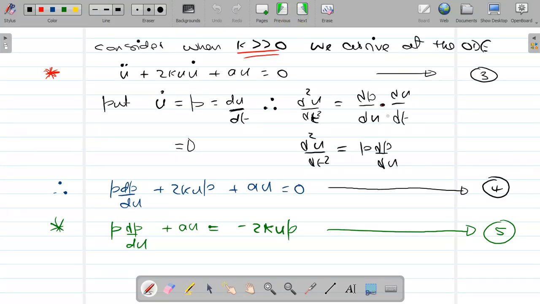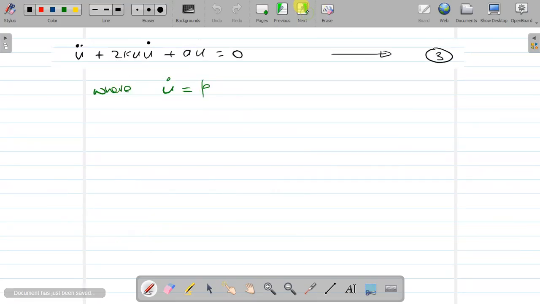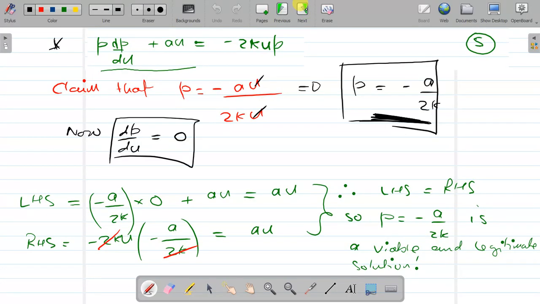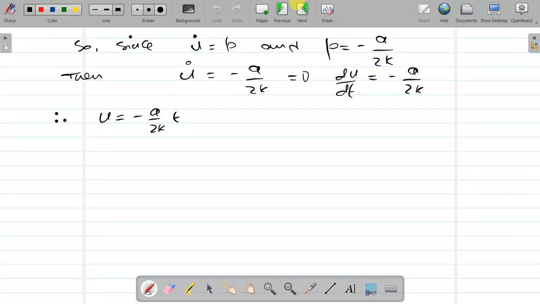Yeah, to equation 3. So we have to go right back to equation 3 and see if that solution that we just got, which was minus a over 2k all times t and its derivatives, solves that equation 3. So let's go back to this. So I think we have to go right up here.